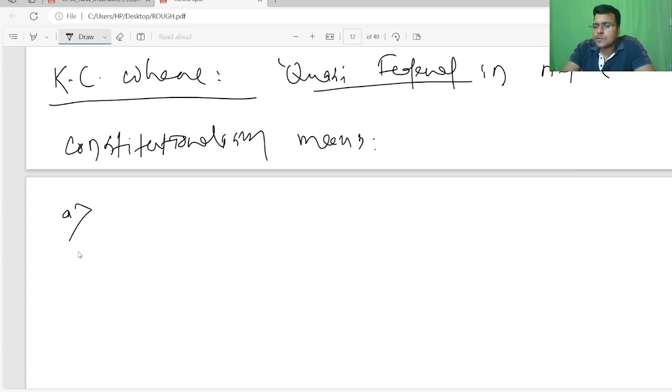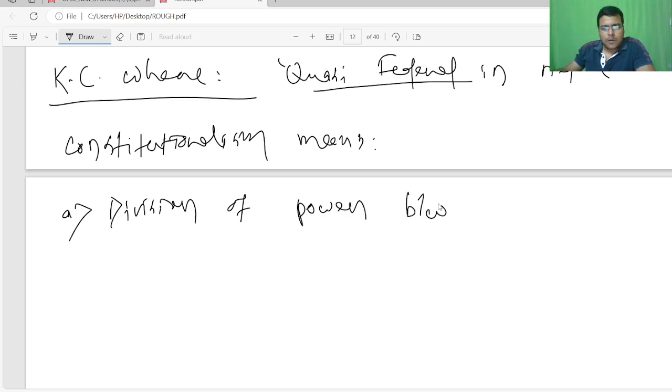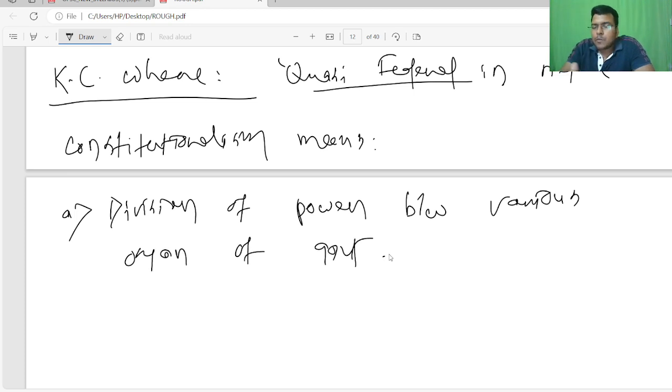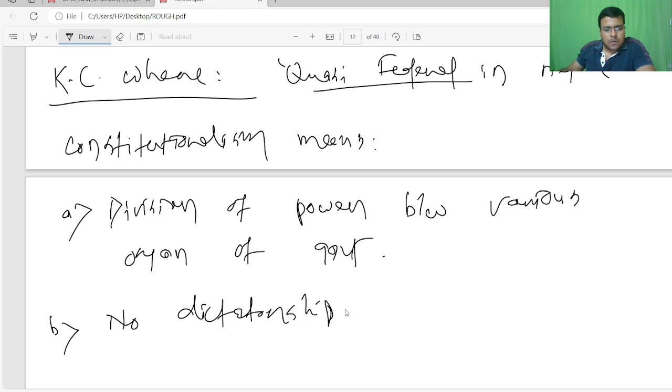What is constitutionalism? Division of power between various organs of government. No dictatorship.